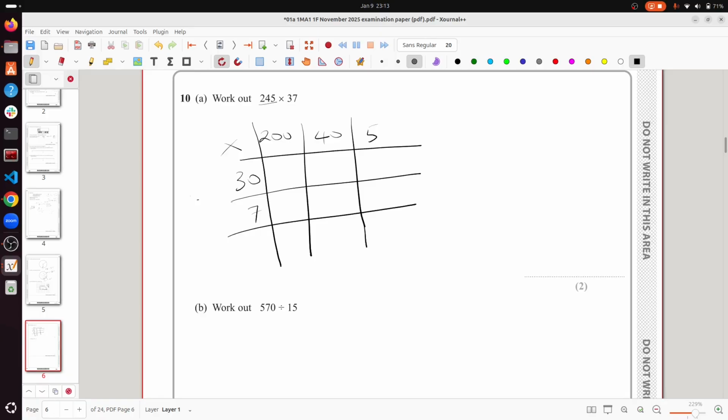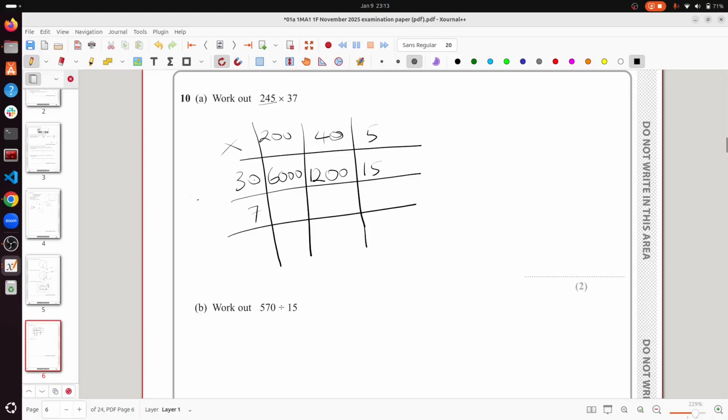So now multiplying, and then the zeros. So 200 times by 30, I'm going to do 2 times 3, I'm going to put 6. And how many zeros do I have in total? 1, 2, 3. So I'm going to put 3 zeros. That's 6,000. Next one, I have 3 times by 4. I'll put 12 down. And then how many zeros do I have? 2 zeros. Next one, 3 times by 5, I have 15.